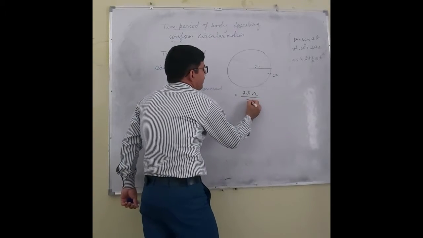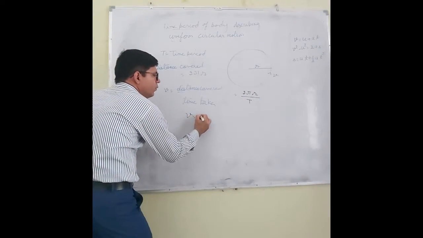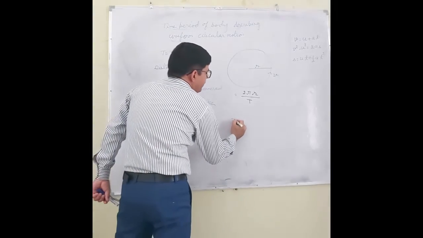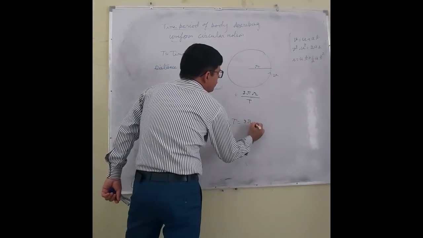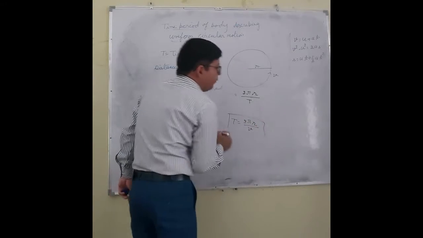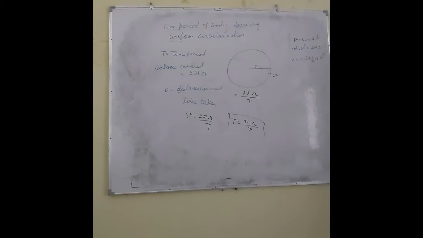Let us say the time taken is T. So speed equals 2 pi r upon T. Then T equals 2 pi r upon v. This is the expression for the time taken.